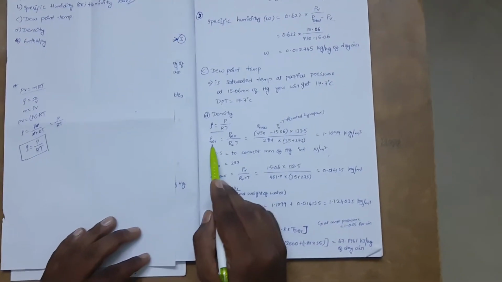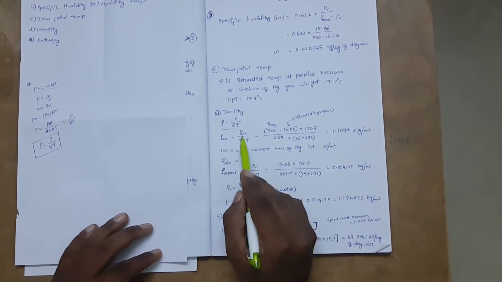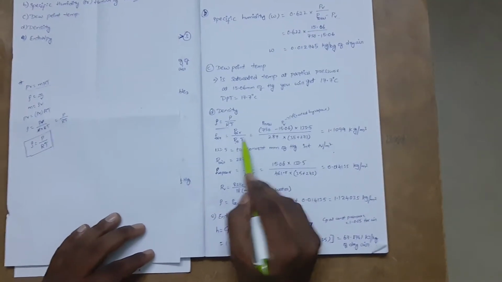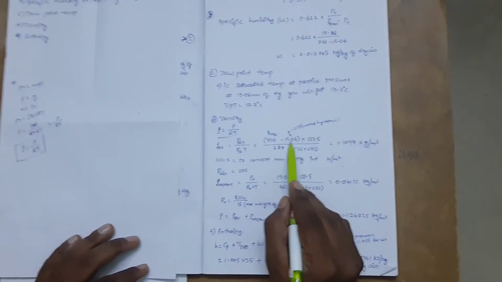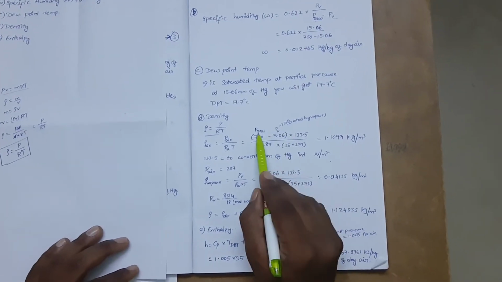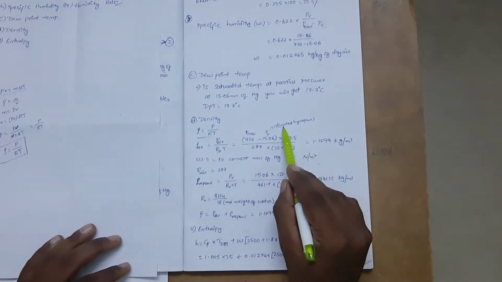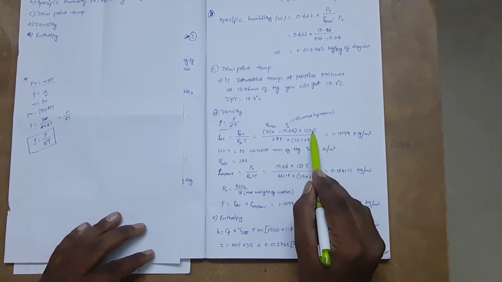We have to find the density of air and the density of vapor. Density of air is equal to P air by RA into T. This is equal to 750 minus 15.06, that means P total pressure minus PV, the partial pressure exerted by vapor, into 133.5.